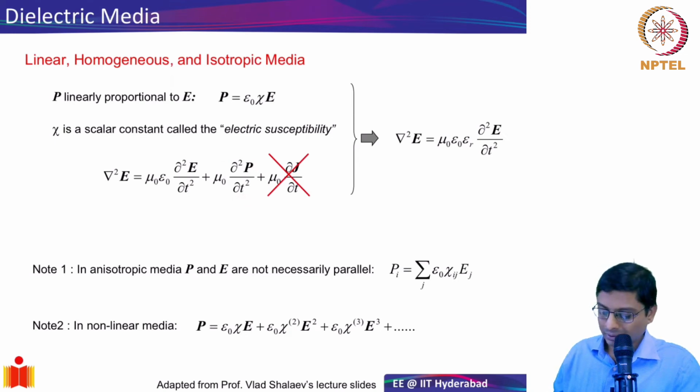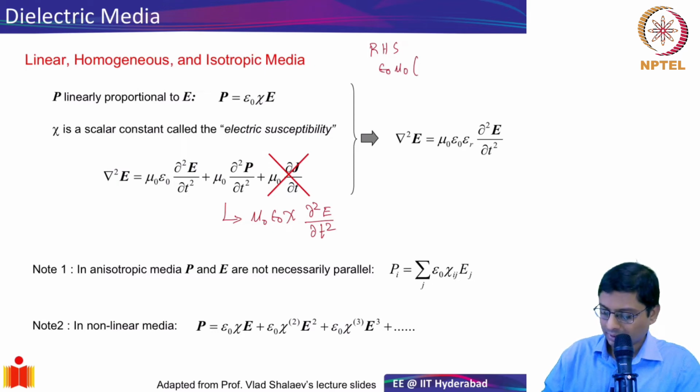If I substitute for P, I'll get mu naught epsilon naught chi ∂²E/∂t². Now I can take the right hand side and take common terms out. On the right hand side I'll take epsilon naught mu naught, and this is 1 and the second term has a chi, so I'll take (1 plus chi) ∂²E/∂t².